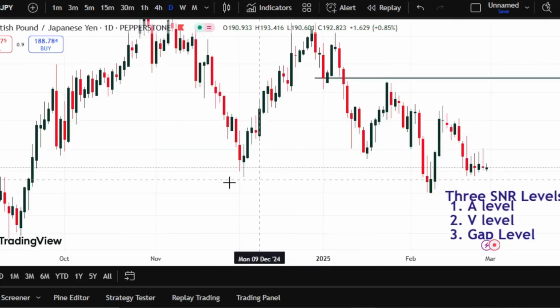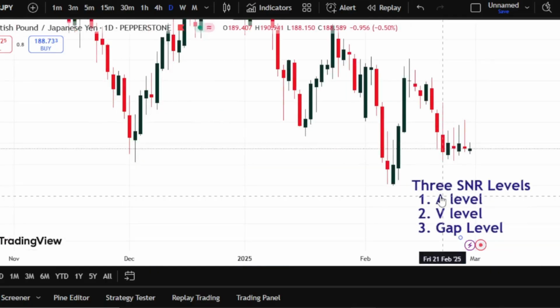Now the third one, the gap level. So all three are mostly important, yes, but some prefer to trade both the A level and the V level. But do not forget the gap level is as important. It's part of what I shared in the past.